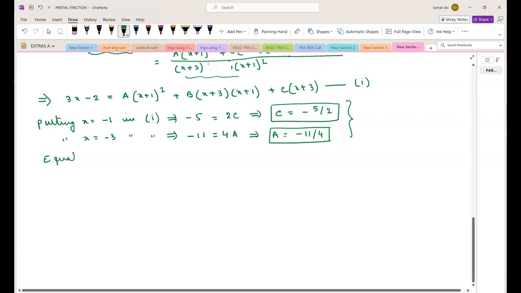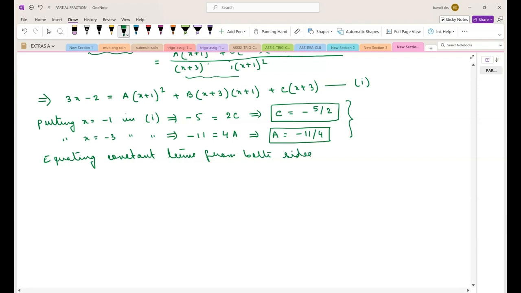So equating constant terms from both sides of 1. What do we get?